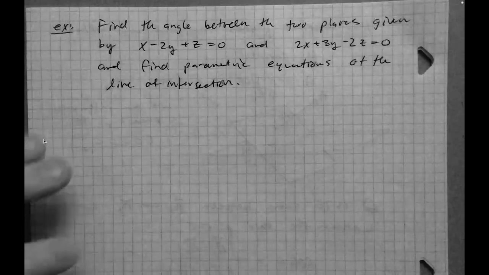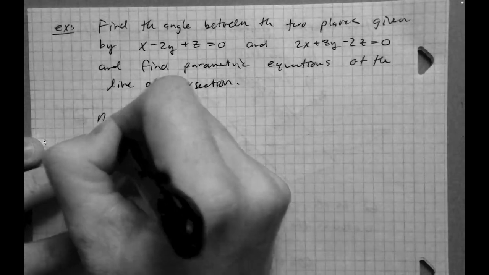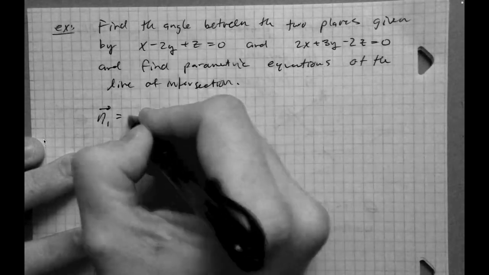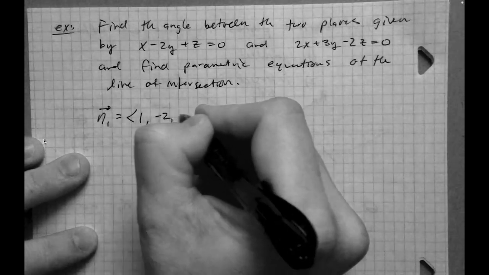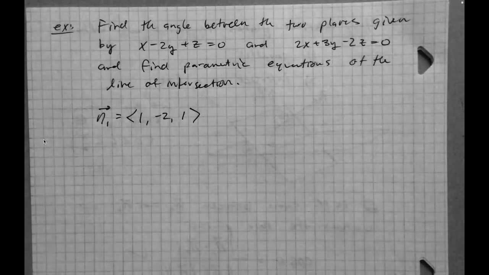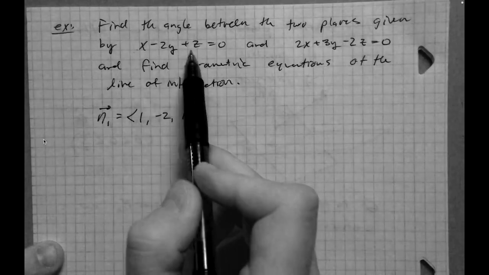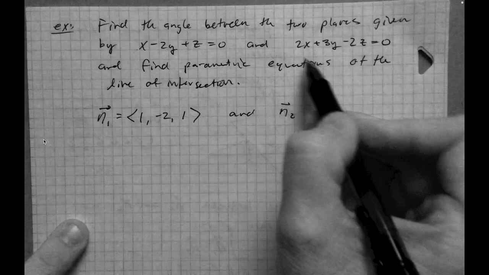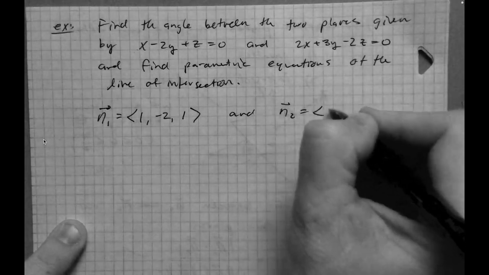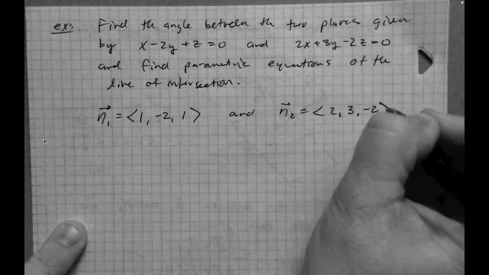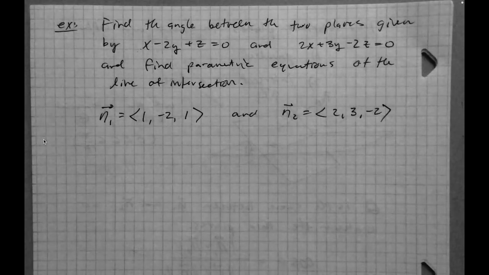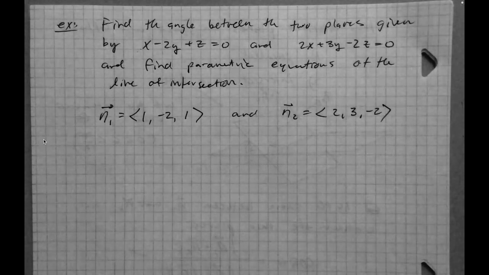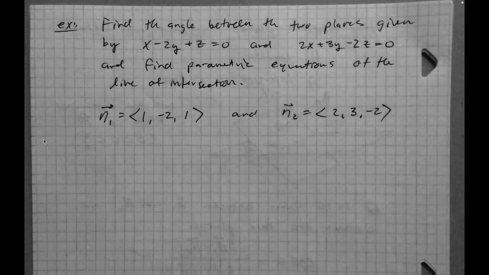So n1 would be 1, -2, and 1, just reading them off here. And the second normal vector would be 2, 3, -2. Just read right off of the equations. When they're in this form, they're very easy to work with.